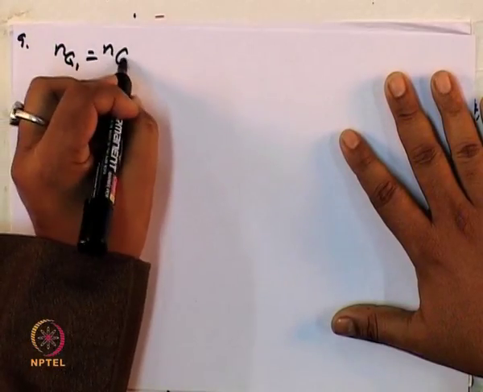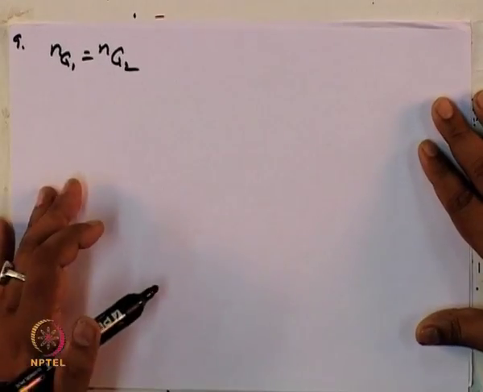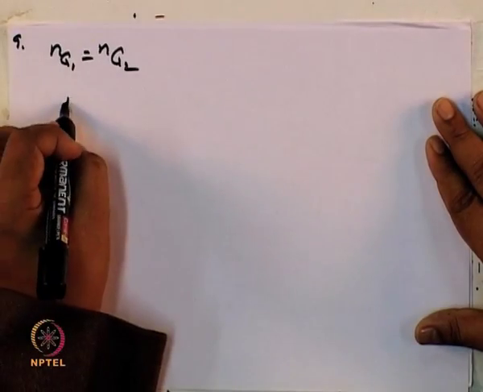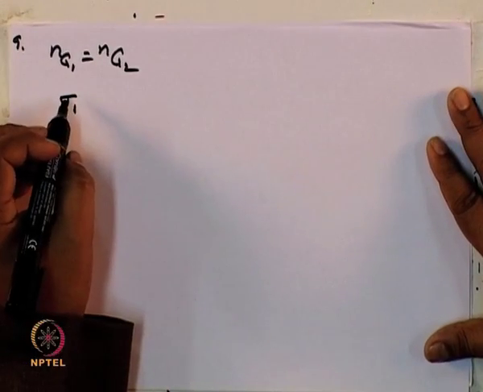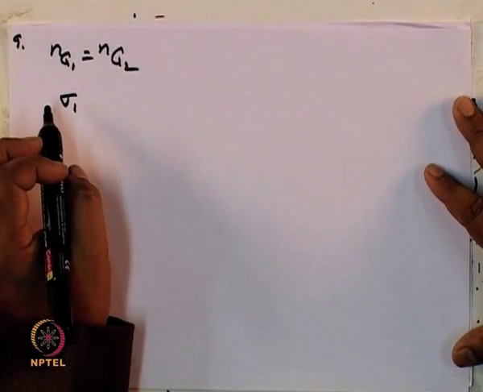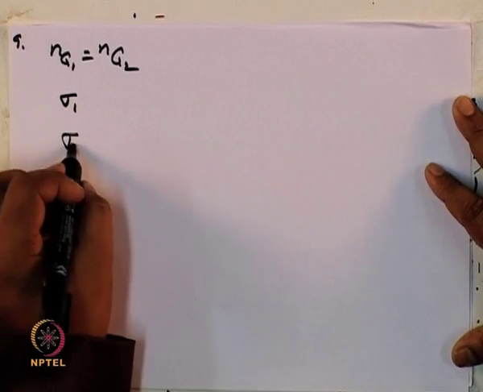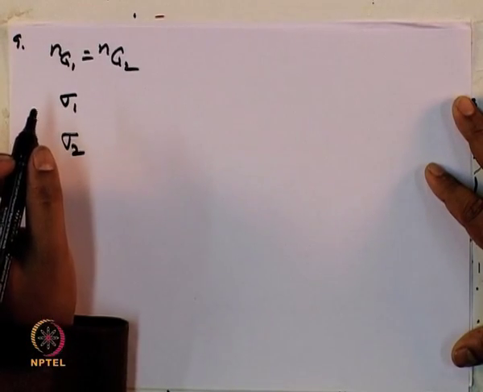So, what we are given, you have n of G1 equal to n of G2. What you are also given is the standard deviations. So, sigma 1 is the standard deviation of the population for group 1, and sigma 2 is the standard deviation for the population of group 2.